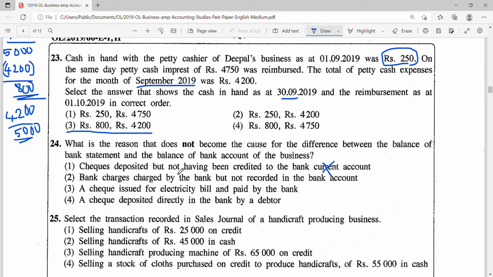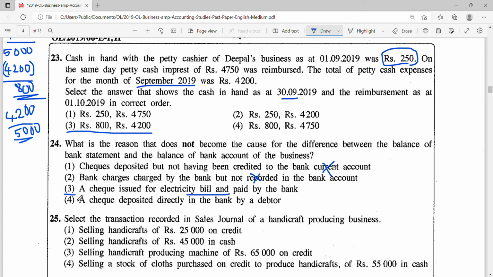Bank charges charged by the bank but not recorded in the bank account. Again, this is also correct. This will cause a difference. So for this question, this is not the answer. A check used for electricity bill and paid by the bank. Now they have issued a check and it has been paid by the bank. So this wouldn't cause any difference.